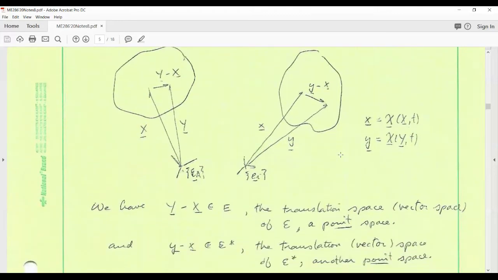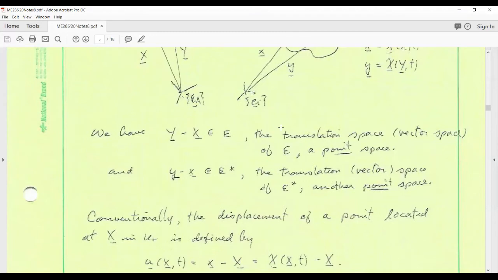It really has one leg in the vector space E and another leg in the vector space E star. So E and E star are background vector spaces, and the body resides in either E or E star, depending on whether you look at the reference or the current configurations. So this distinction between E and E star is completely consistent with the conventional interpretation of the deformation gradient, let's say, as a two-point tensor field.